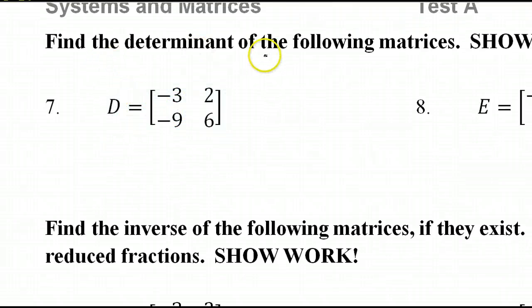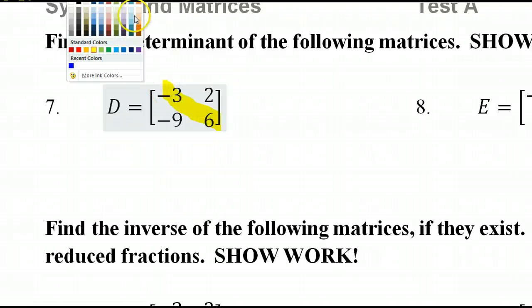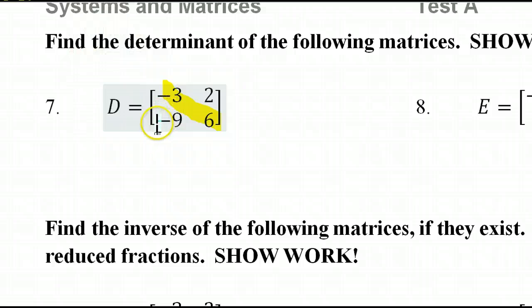All right, it says find the determinant of the following matrices. Well, for a 2 by 2 matrix, the determinant is as simple as down diagonal minus the up diagonal. It's as simple as that. Okay, so that means we're just going to do the down diagonal, which is negative 18, minus the up diagonal, which is also negative 18.